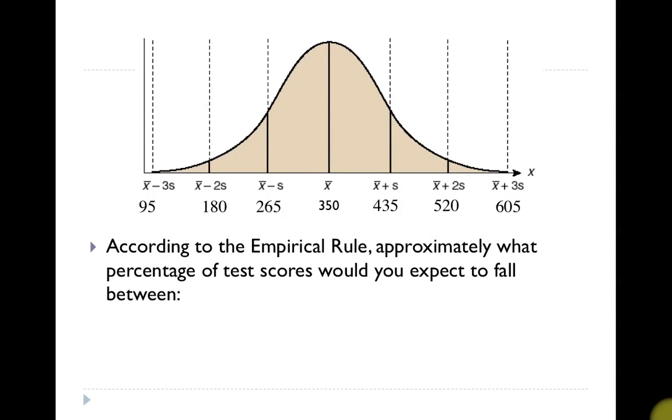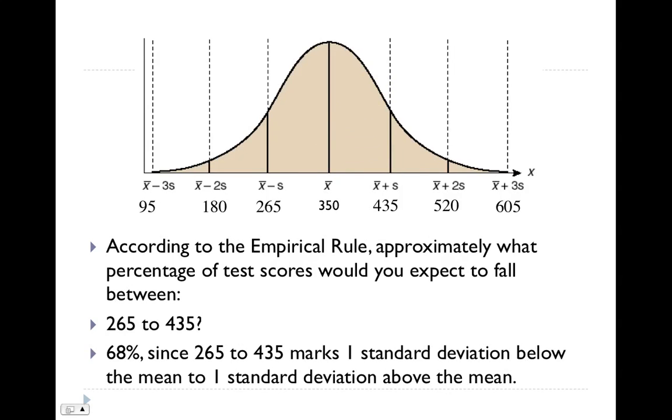Okay, so according to the empirical rule, approximately what percentage of test scores would you expect to fall between 265 to 435? So you look at where 265 falls, you look at where 435 falls, you take note of the area between 265 and 435, and by the empirical rule, this piece of area represents 68% of all data values.